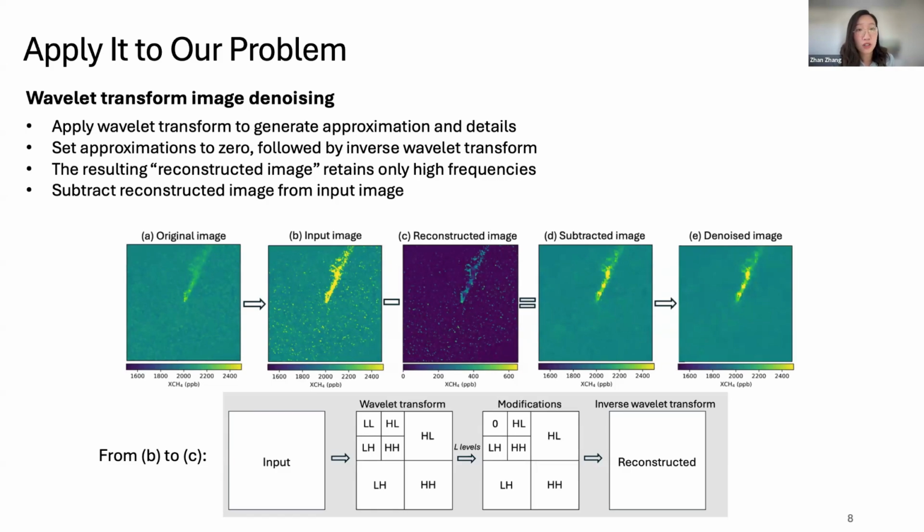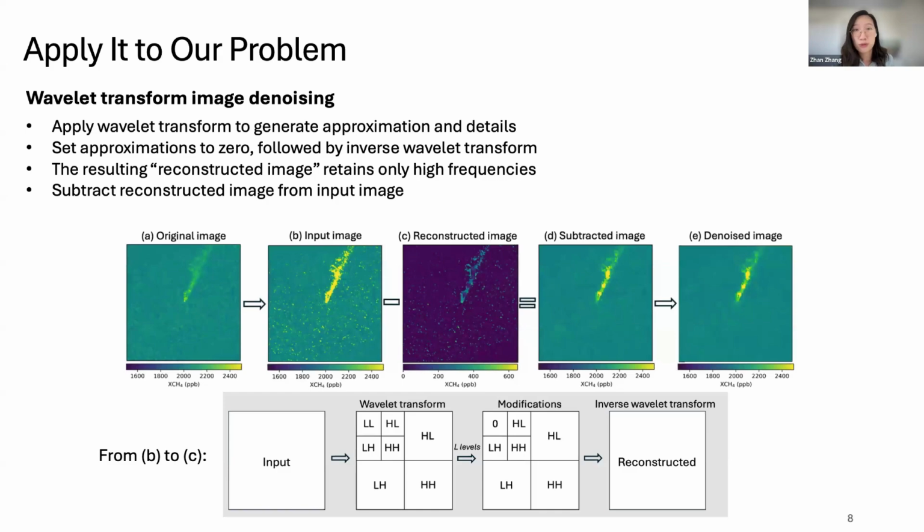We can start with the original image shown in figure A. One challenge we observe here is that the plume pixels are not uniform compared to the previous image example I showed in the earlier slide. It's because the concentration typically decreases along the wind direction.